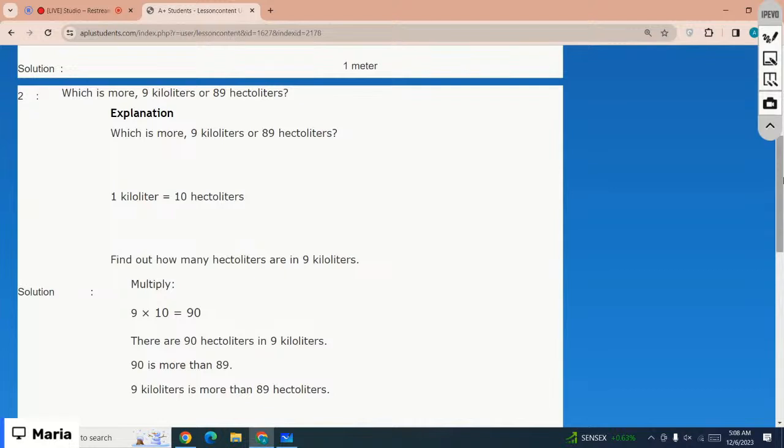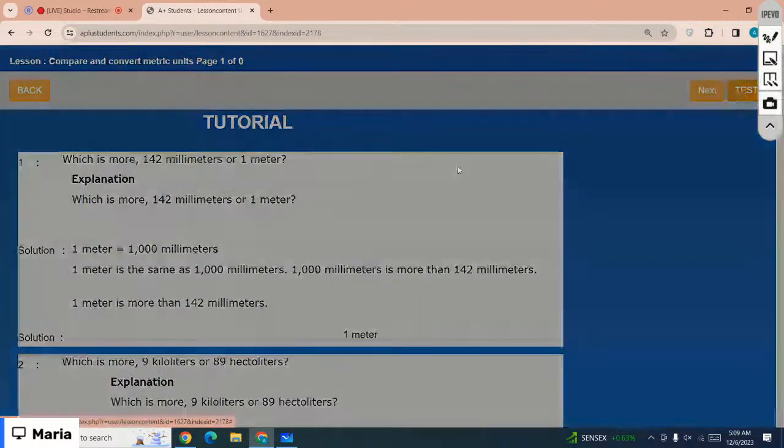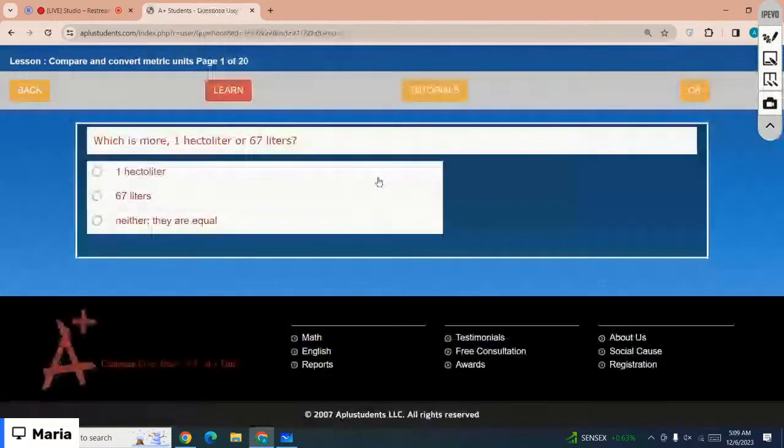Let's start with the test questions. Which is more, 1 hectoliter or 67 liters? That is a conversion from hectoliters to liters.